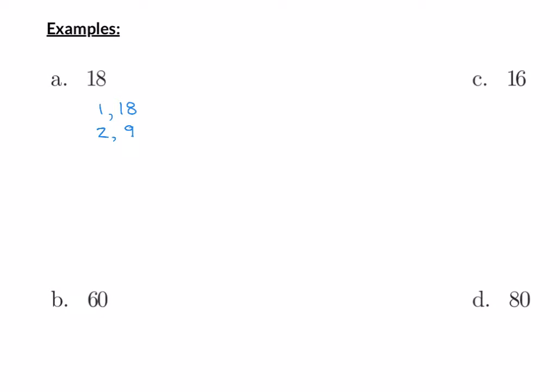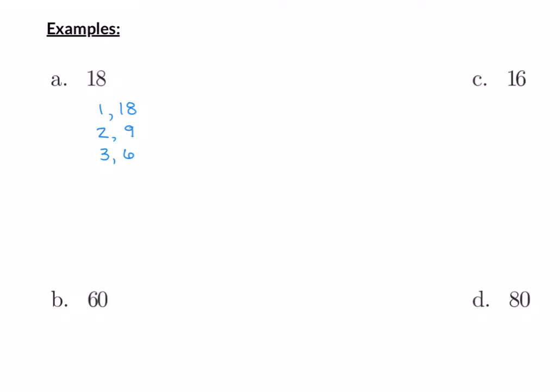Next number, 3. Is 18 divisible by 3? It is. It's equal to 6. Is 18 divisible by 4? The answer is no. 4 will get you to 16 or 20, but it will not get you to 18. Is it divisible by 5? The answer is no. It does not end in a 5 or 0.